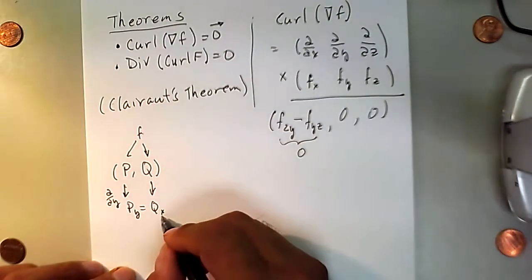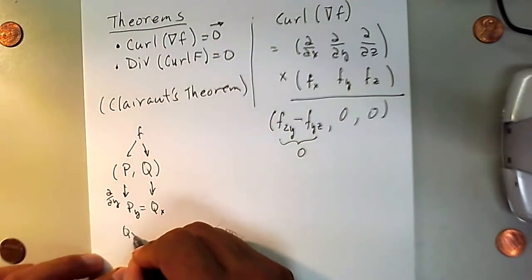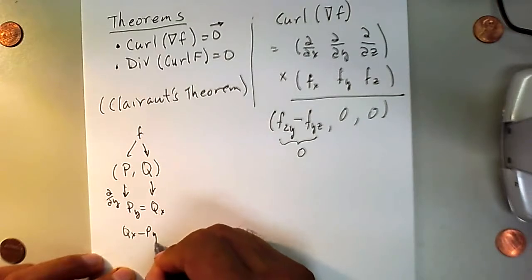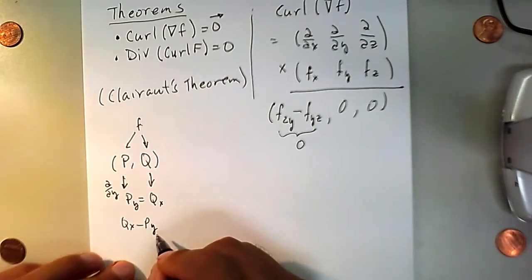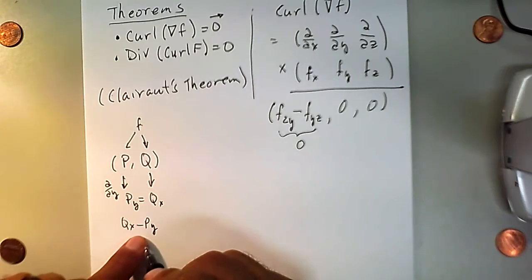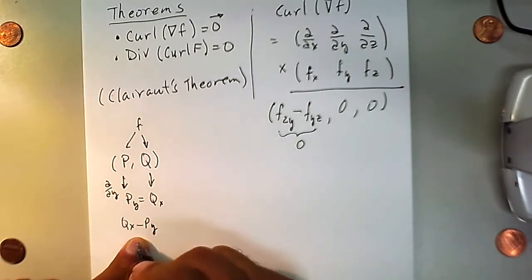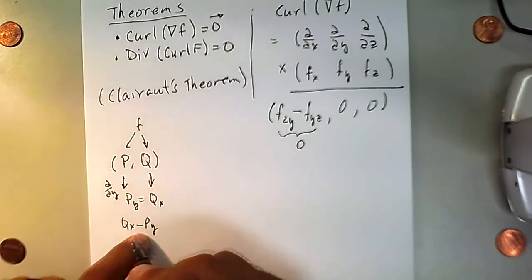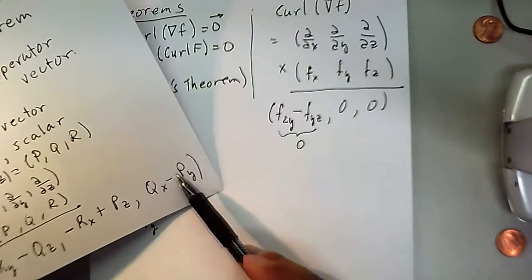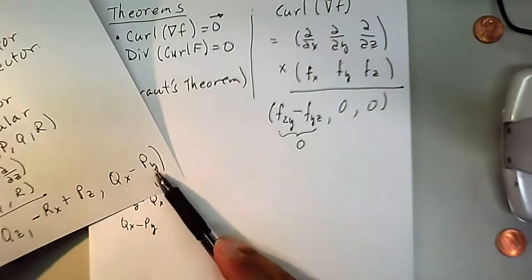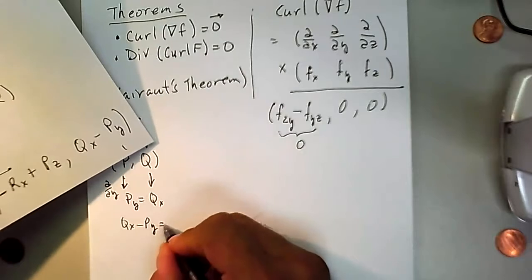By the way, we can rewrite this as qx minus py, which shows up in Green's theorem. It shows up here as the third component of the curl, qx minus py, equal to 0.